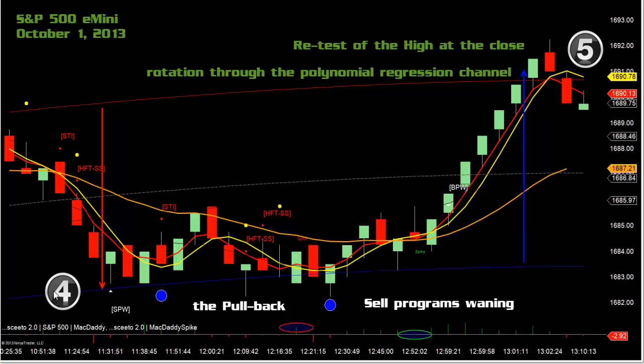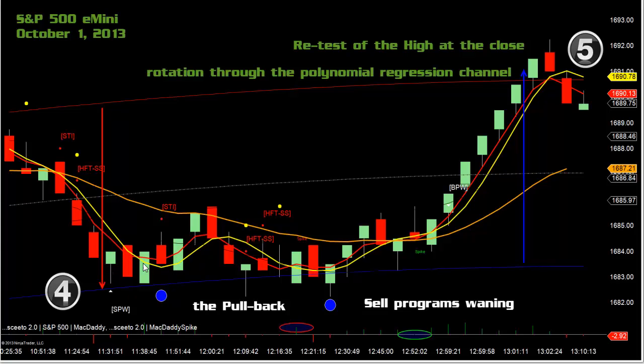In this example, late in the afternoon on Tuesday, when the S&P sold off from the high at 1691, the sell-off paused at the lower band of the polynomial regression channel. During the pullback, our micro order flow algorithms detected that sell programs no longer were executing to the sell side.